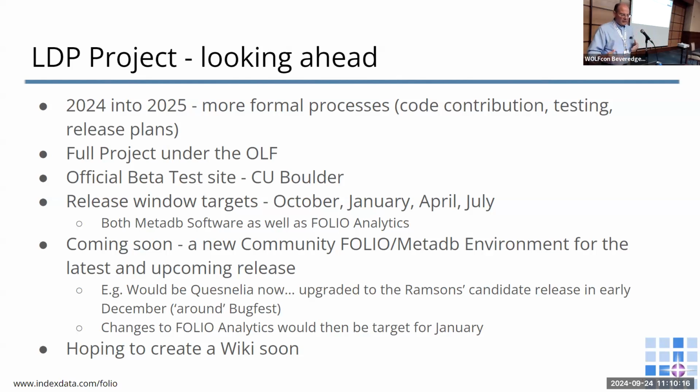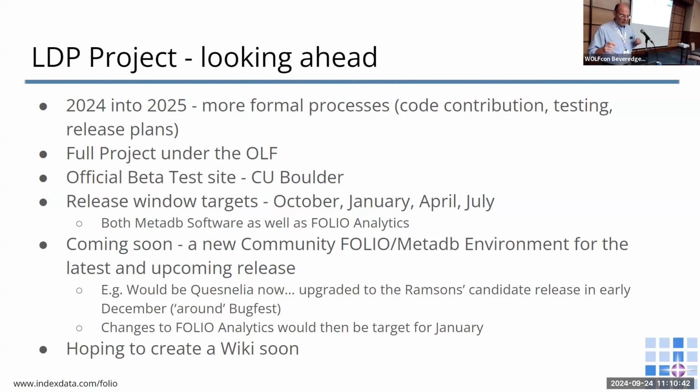Really, this is another, again, sort of maturation of where we've been at Index Data with LDP. In the past, we would sort of scrape together tenants on an ad hoc basis to test some of the software, and that causes delays and it's sort of suboptimal. So we're trying to formalize that.